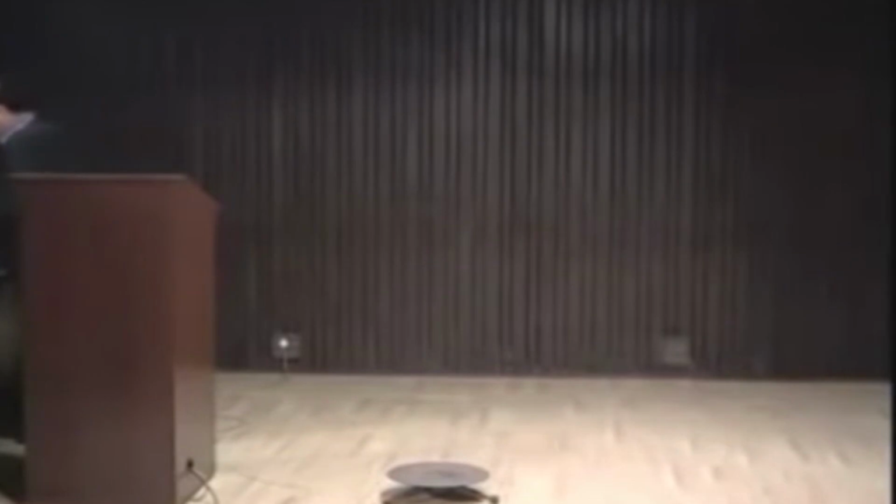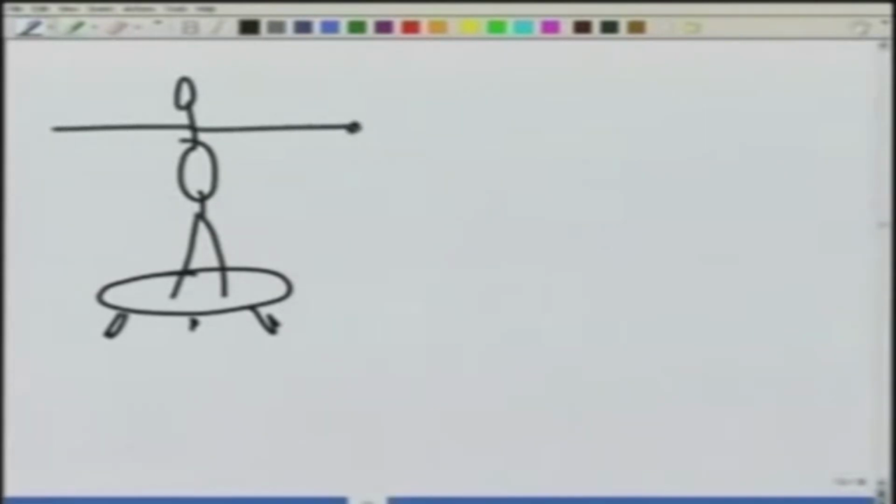What we did was, I was standing on this platform which could rotate. Let me stand like this, and I held my hands out with heavy masses here. I was rotating with some angular speed omega. Let me call this omega 1.